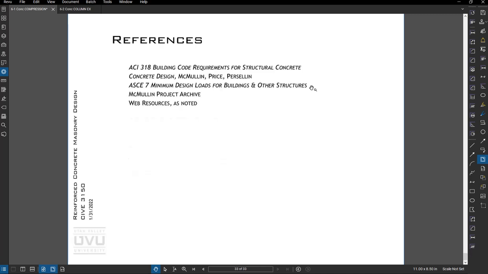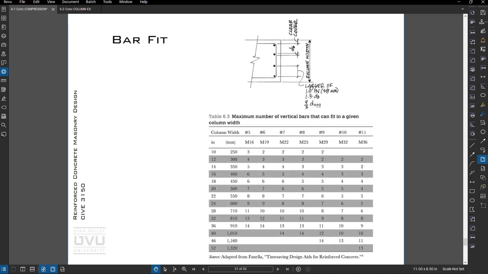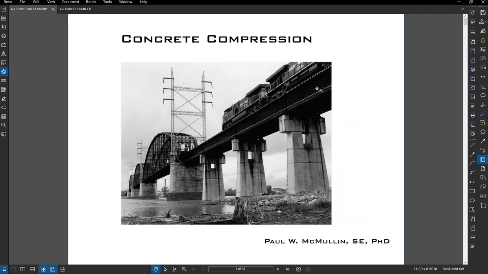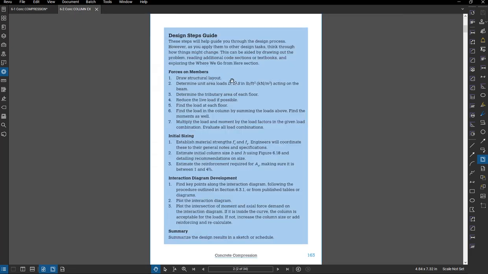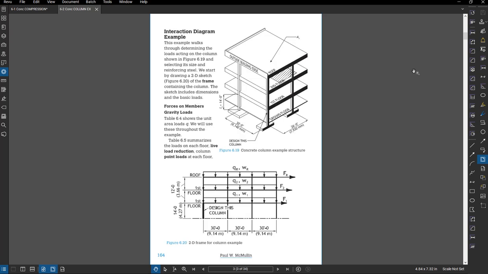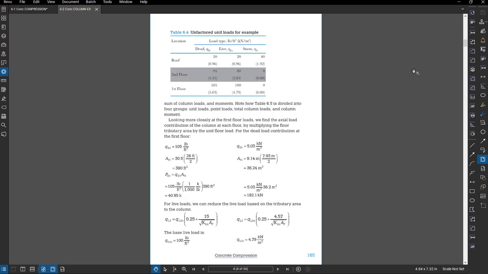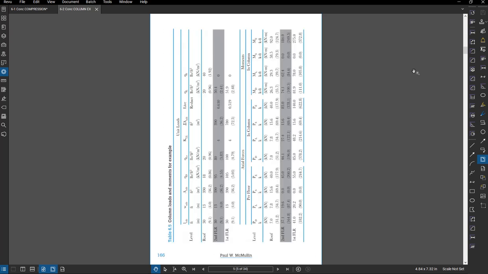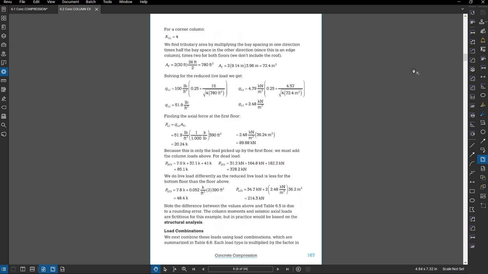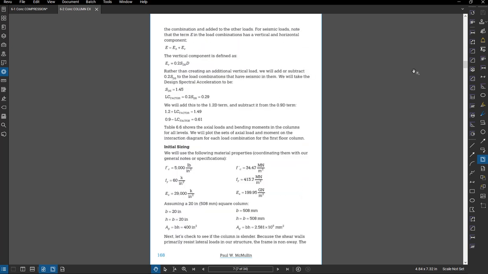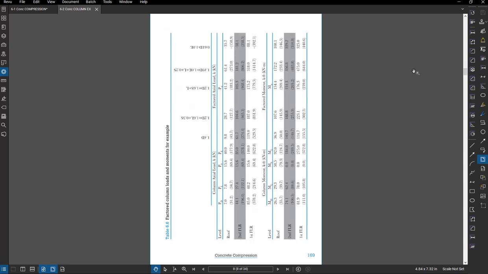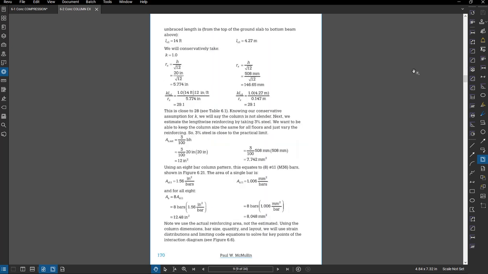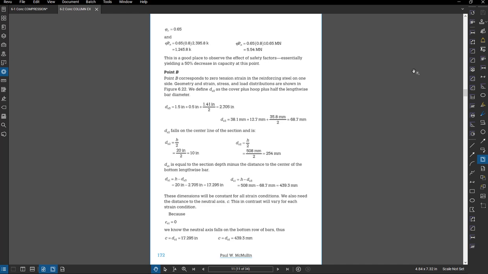Okay, so you can read that yourself. Hopefully this gives you a little bit of help getting started. And just for your enjoyment, there's an example that goes through the full-blown calculation, starting with finding the column forces, which is this page, running load combinations, doing some initial sizing, and then walking through this interaction diagram step by step.